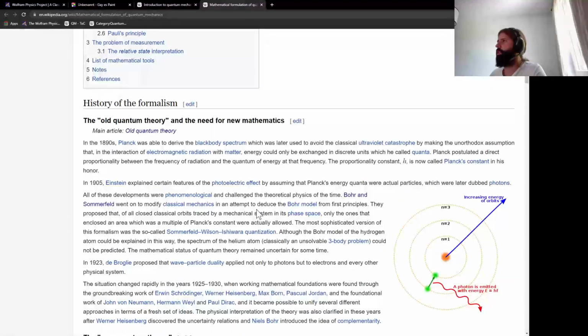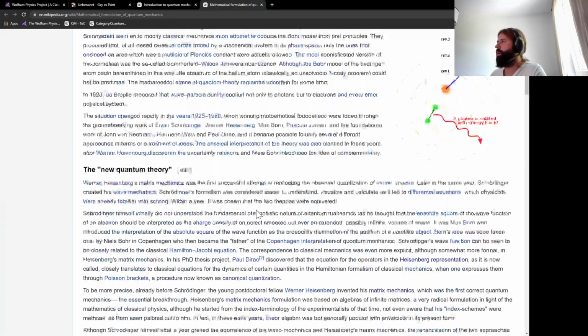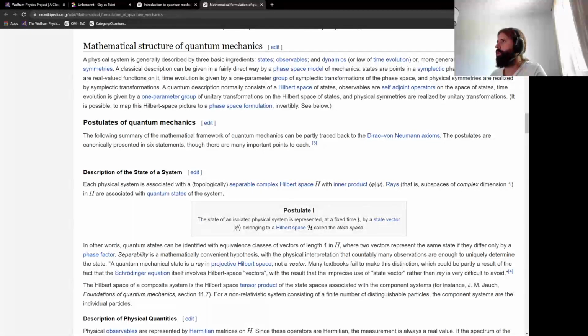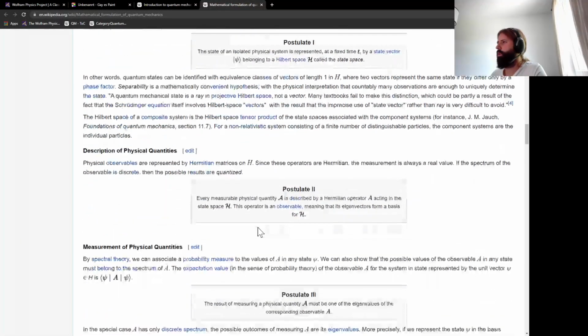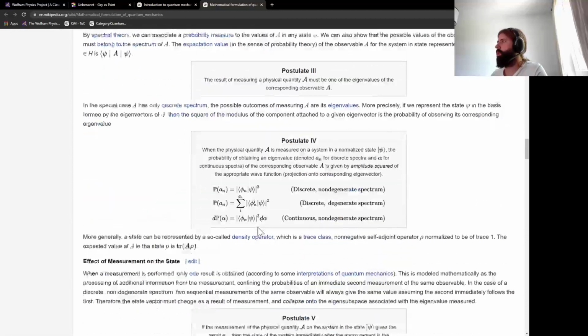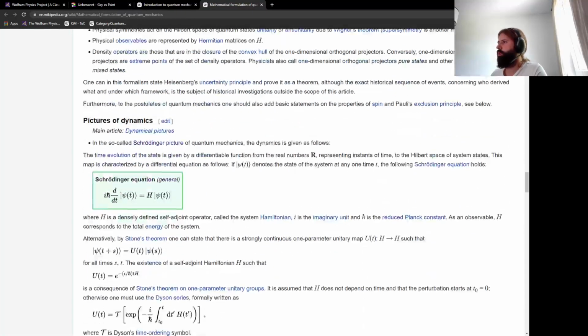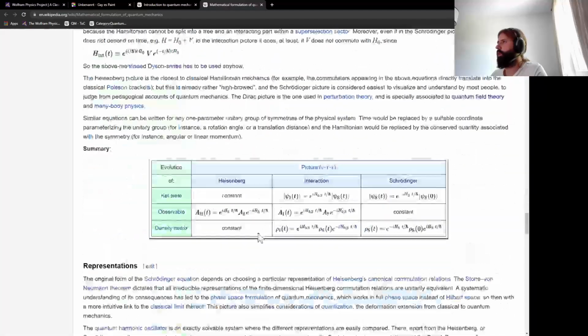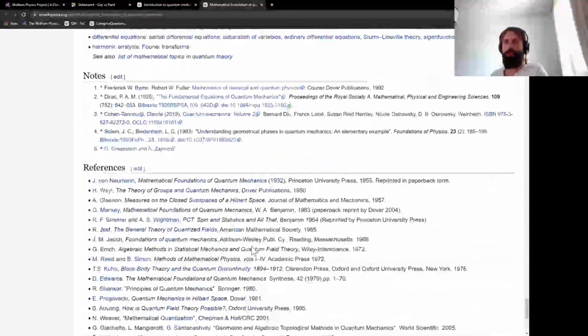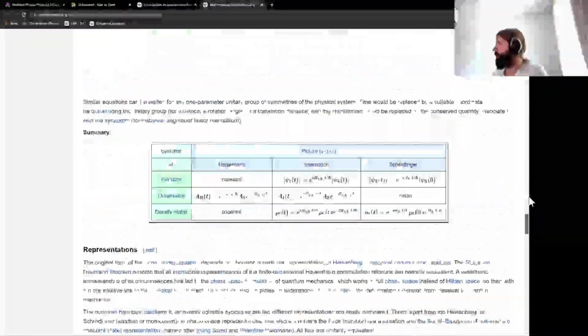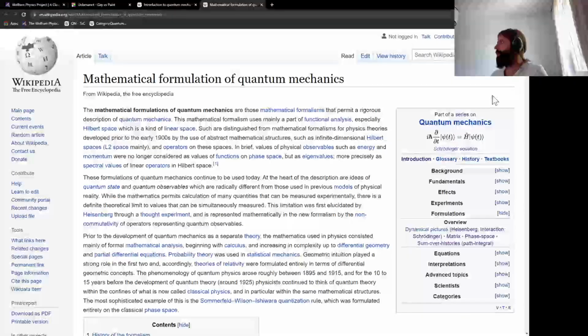Okay, so here's a nice summary. New quantum theory, later developments, mathematical structure. Oh, so here are the postulates. Probably I should do the postulates. Pictures of dynamics. Yeah, probably I should do that as well, maybe to kind of close out these.